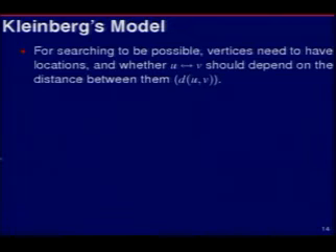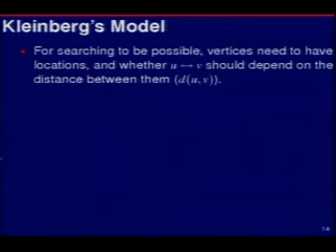So what it turns out is that for this kind of searching to be possible, in an idealized model, the probability that we have this edge between two of the points, between two of the vertices, has to depend on the distance between them, in the sense that if I am close to somebody, I have to be more likely to know them.